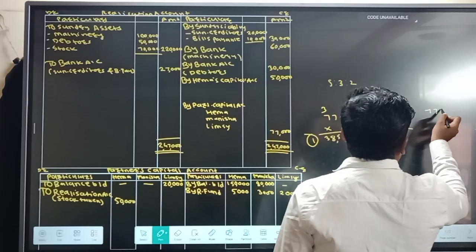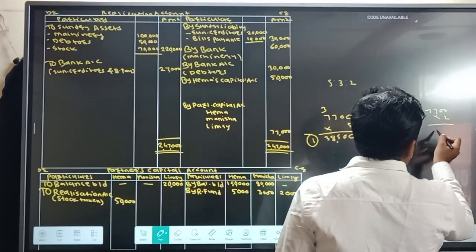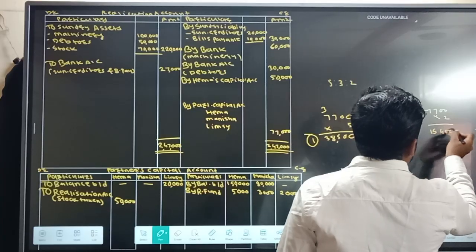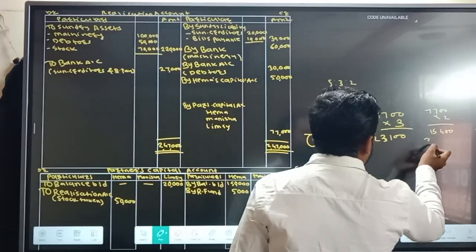Next, 15,400. So this is the three partners' calculation, 1, 2 and 3.